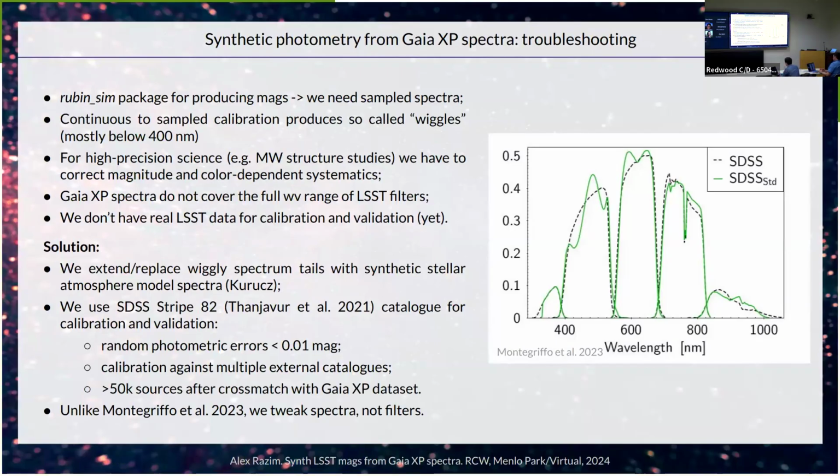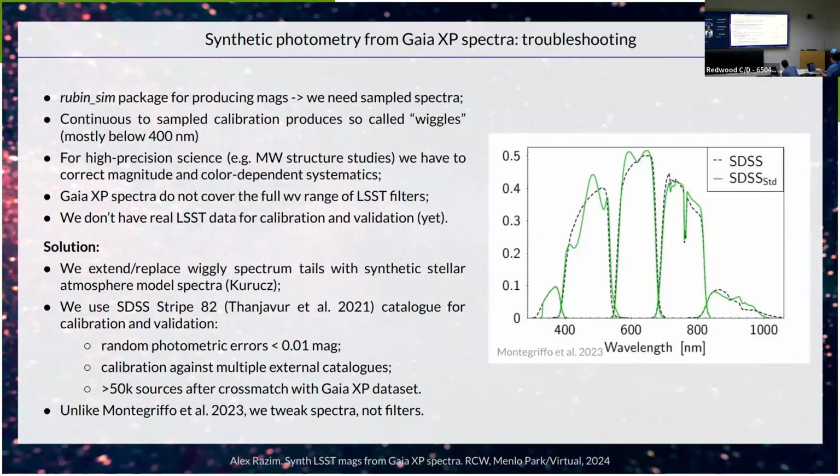However, what we want to do is try obtaining synthetic photometry before we have real LSST observed data. Besides that, we know that Gaia XP spectra have their own biases.